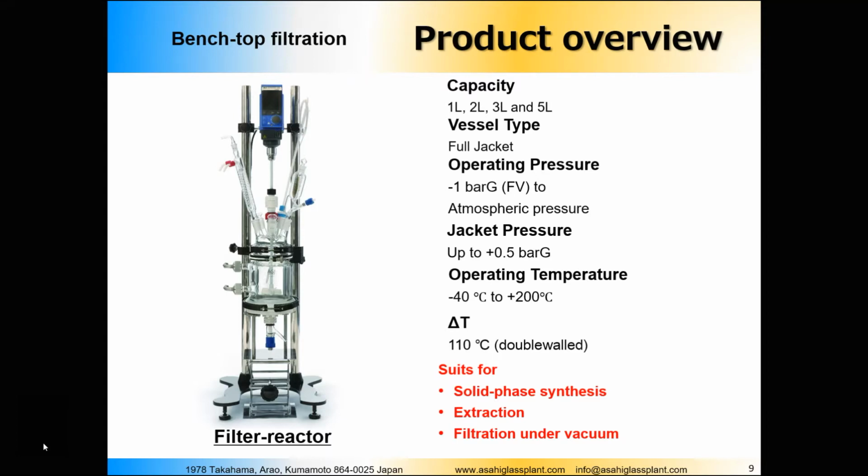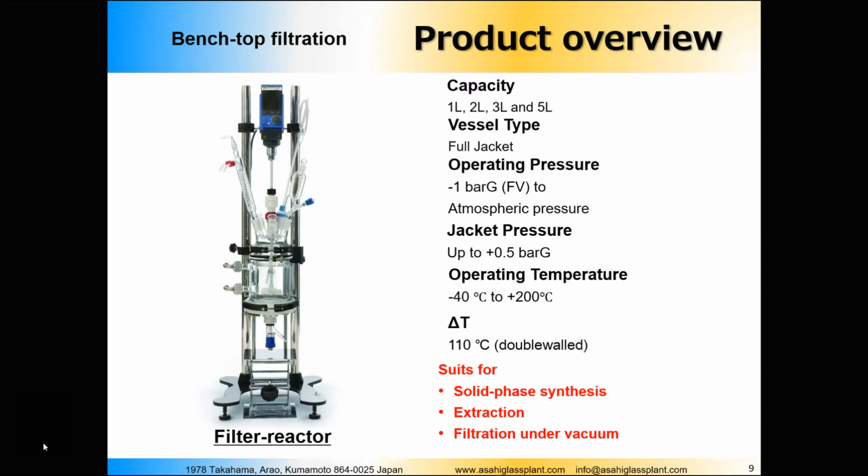Again, this is pretty obvious and doesn't need a very special explanation, but everyone should understand that the higher the delta T you have between the heat transfer fluid and the temperature of the reaction mixture, the quicker you will either heat it or cool it. So this is really great, because when you need to heat or cool something quickly, you can easily do that.